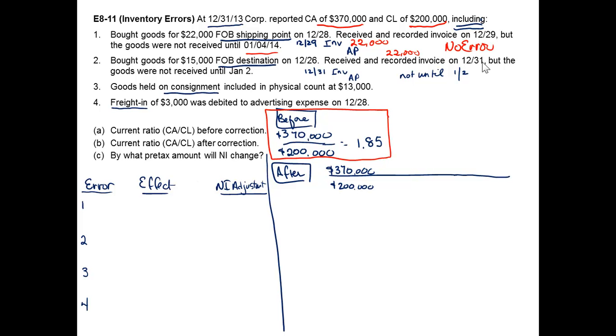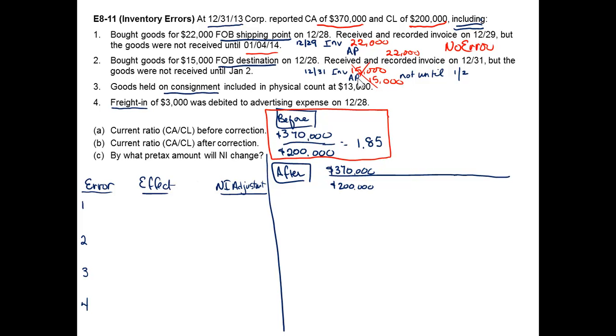The second one, though, is we bought goods for $15,000, but the terms were FOB destination, which means the title to the goods does not pass until we receive them. And we shouldn't really make an entry till we receive them. But we did. We made an entry when we received the invoice on December 31st, and so we debited on December 31st inventory $15,000 and credited accounts payable $15,000.